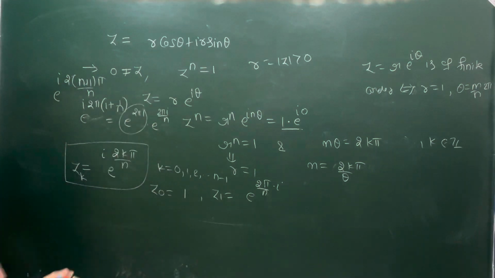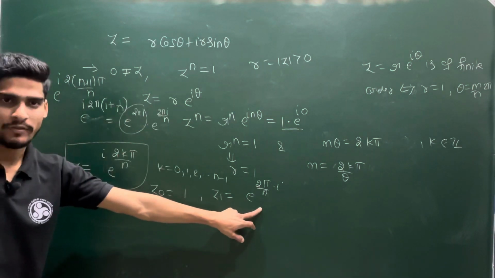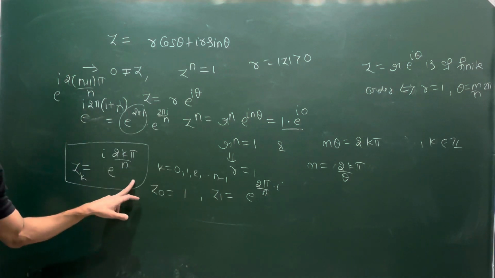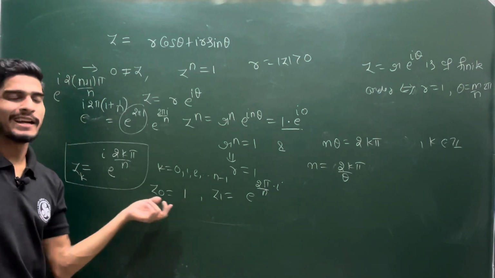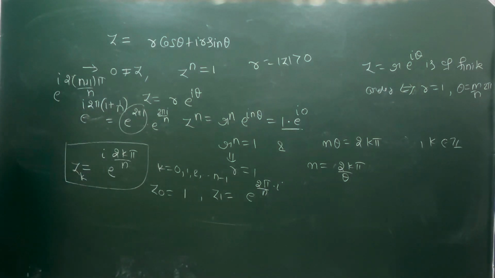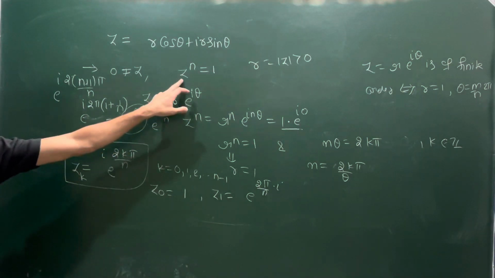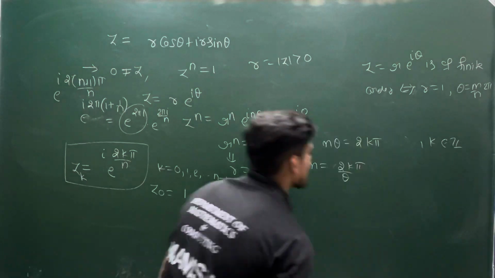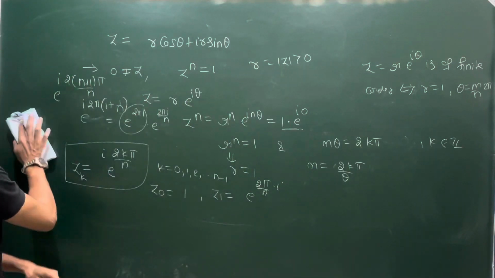But this 2 pi I by n, you have already fixed. So you are having exactly n distinct values of z, out of which one is real and the rest are complex valued. Now let me tell you why this is an important equation. You understand this part.